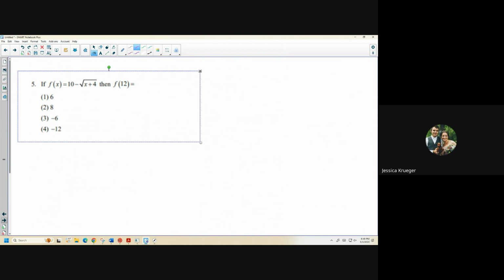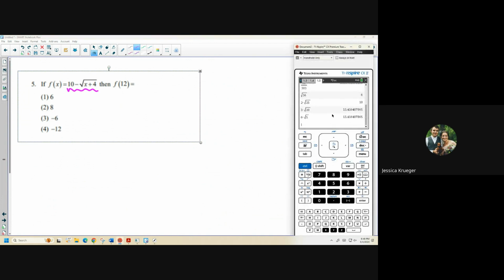Number 5, if f of x equals, well, look at this. We usually graph these. So let me go ahead and go to my calculator. I'm going to open a new graph page so I don't get mixed up here. And I'm going to type in 10 minus the square root of x plus 4.